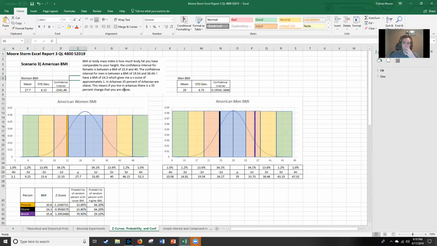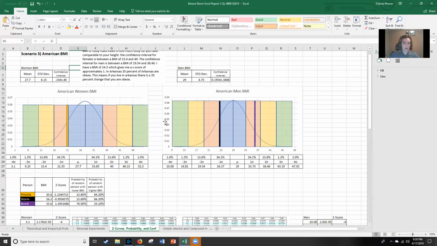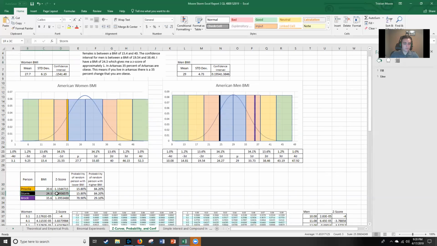And the confidence interval for men is 19.54 through 38.46. I have a body mass index of 24.3, which puts me almost at a -1.